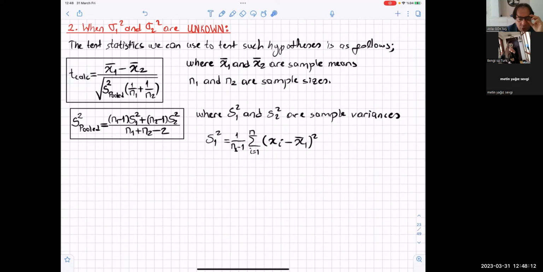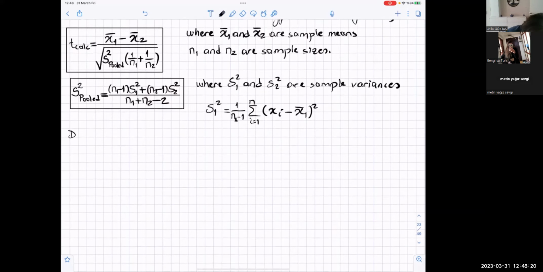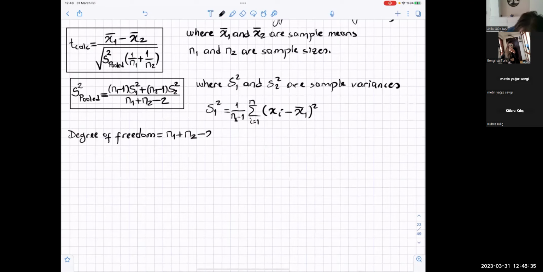The t table needs the degrees of freedom, which is n1 plus n2 minus 2. That's how you determine it.